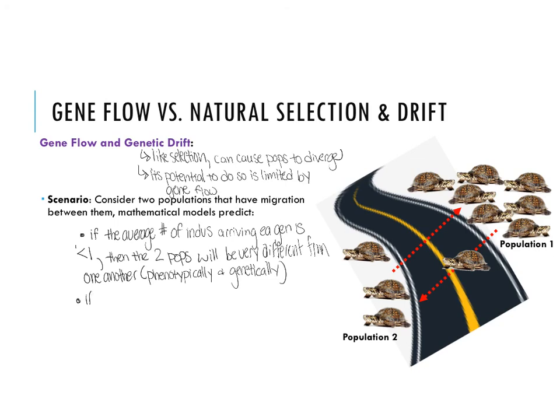So if the average number of individuals arriving at each population is greater than 1 per generation, the two populations will not diverge.